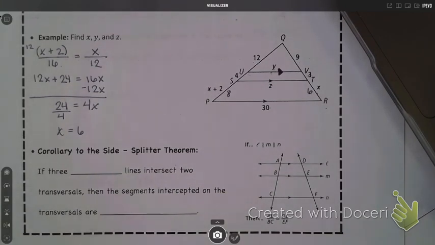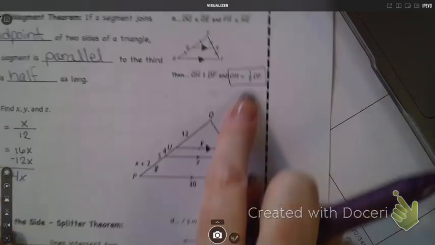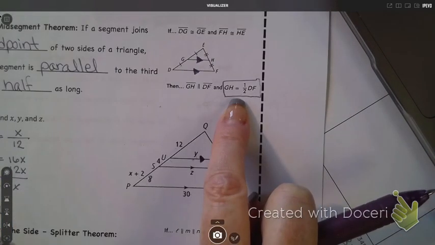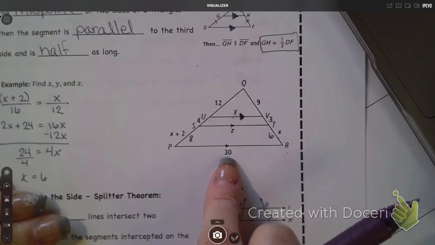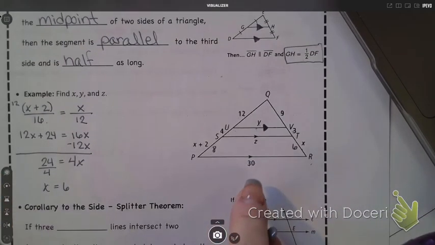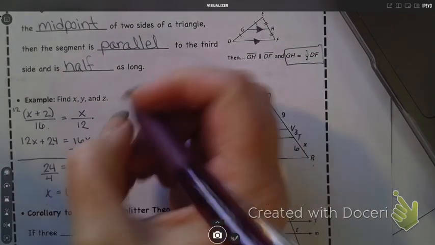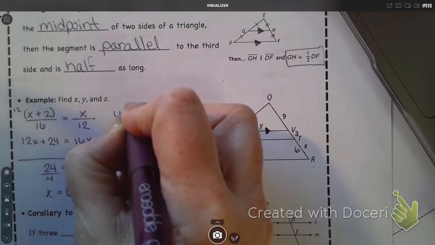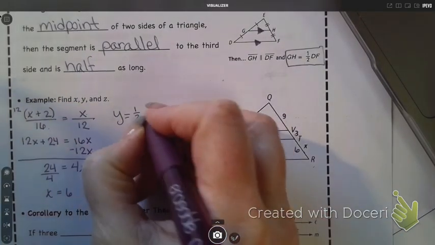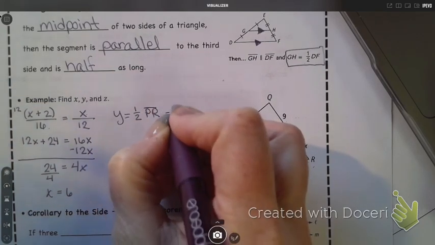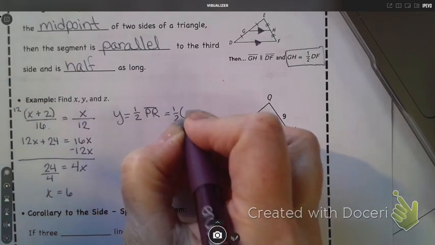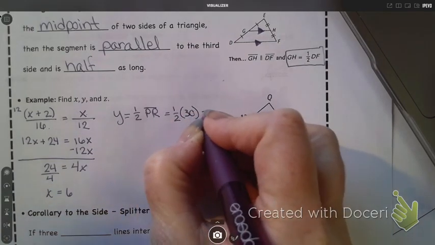But it's also half, isn't it? Don't we know it's half the bottom? Do you want to use ratios rather than finding half of 30? Which one's easier? Half of 30. So y equals 1/2 of PR. 1/2 of 30 is 15.